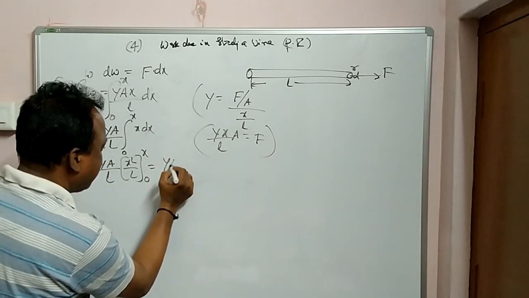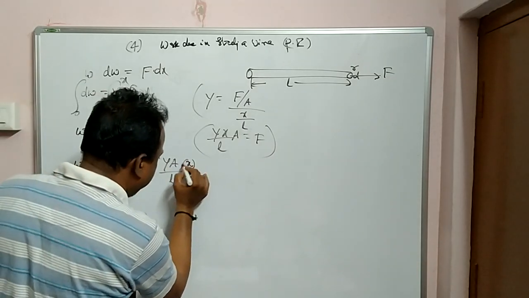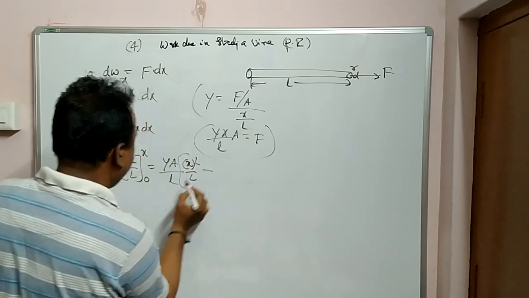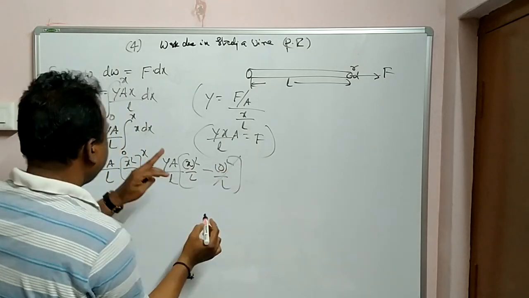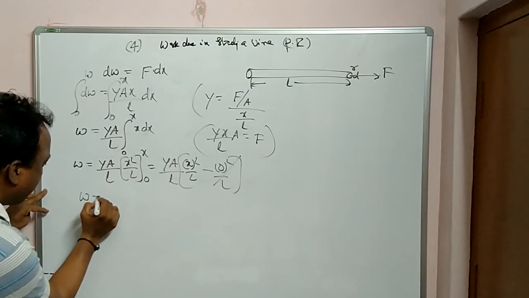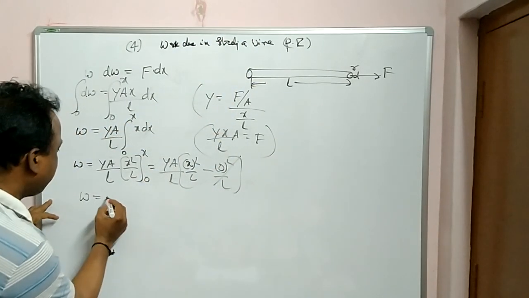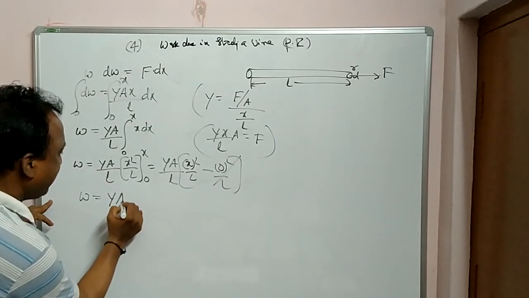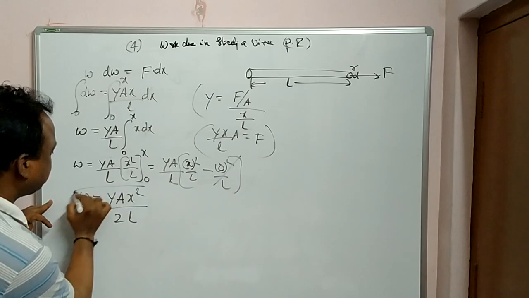So this goes like this: YA by L, upper limit x, upper limit put, square by 2, lower limit put 0, whole square by 2. This is 0. So finally what is the work done in stretching the wire, which is stored in the form of potential energy? That is equal to YA x square by 2L.